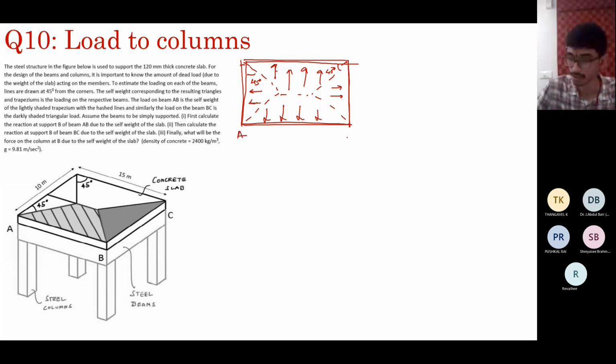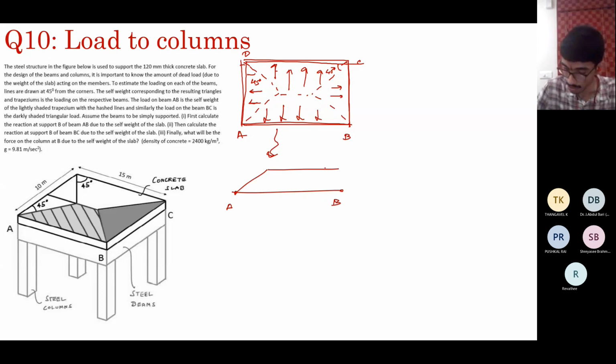If you consider the beam AB, you have a trapezoidal loading of maximum intensity. So this is 5.